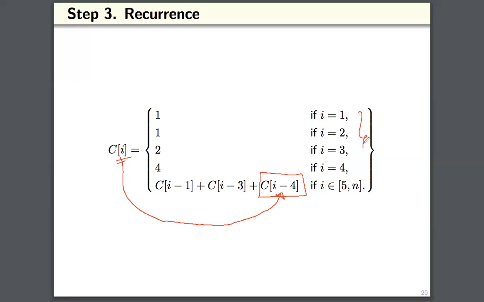Hence, there are 4 base cases. So this is the longest jump in past or history. Make sense? Okay, so hence there are 4 base cases.